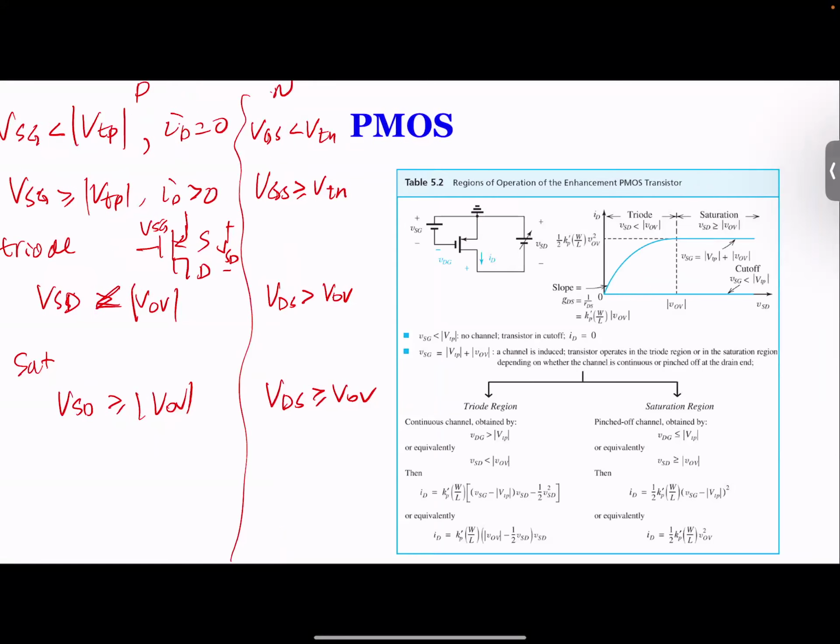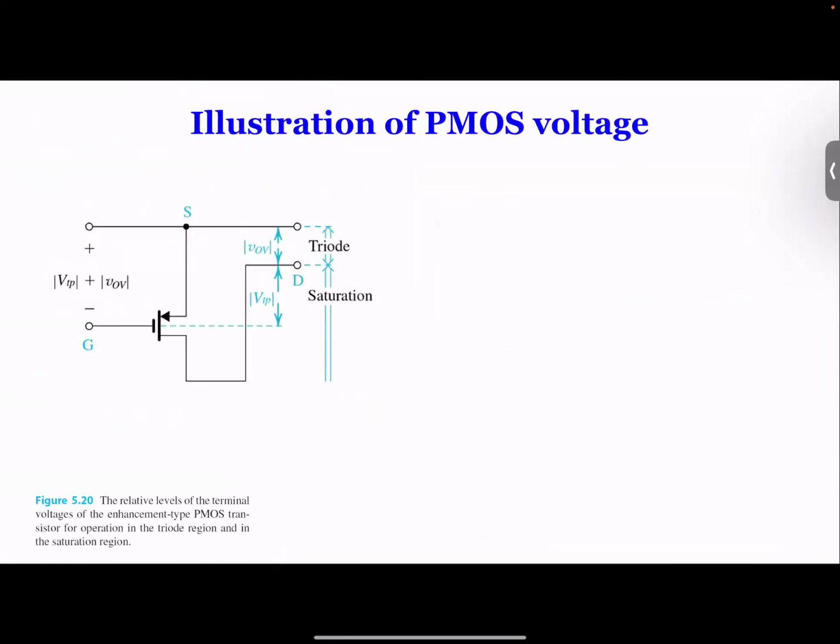Given that, I think it will make your life really easy when you go to a PMOSFET: think about replacing everything. Everything is flipped. So VGS becomes VSG, VDS becomes VSD, VTN becomes the absolute value of VTP, and VOV becomes absolute value.